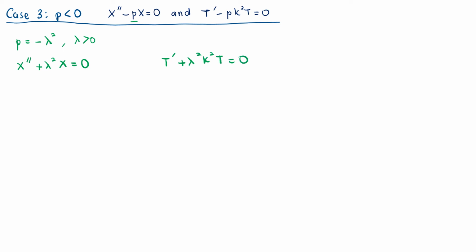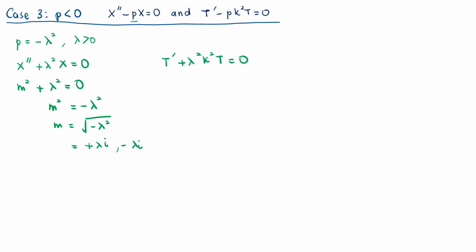So first we solve x, where we substitute the second order with m squared, and this will be m squared plus lambda squared equals 0, and this will be negative lambda squared. So m will be equal to the square root of negative lambda squared, or we can write it as positive lambda i and negative lambda i.